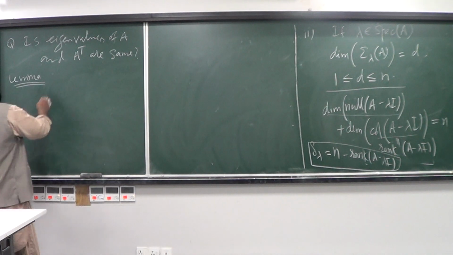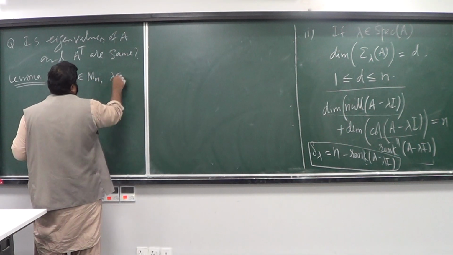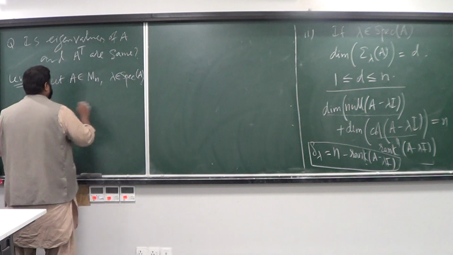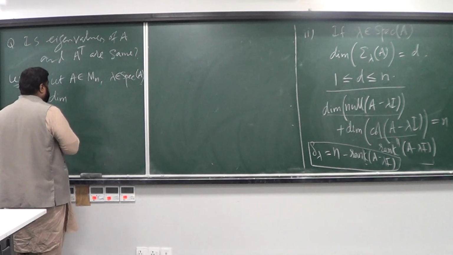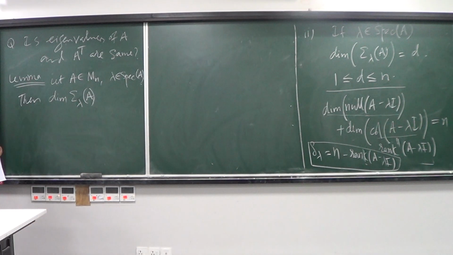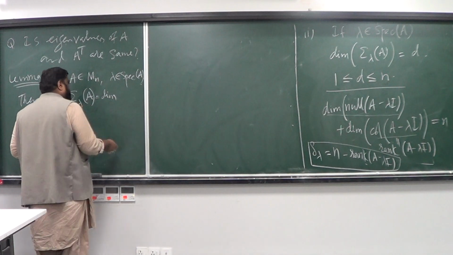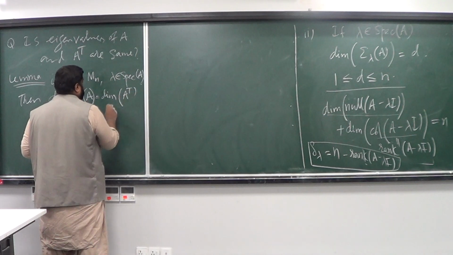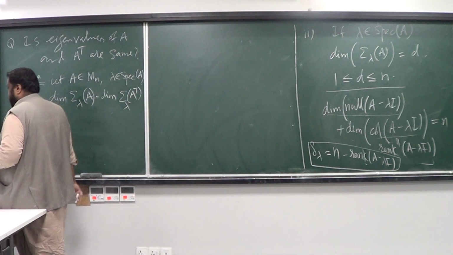Okay, so here is the interesting lemma. It says if you have an n by n square matrix A and lambda is from the spectrum of the matrix A, then the dimension of the eigenspace of the matrix A associated with the eigenvalue lambda is the same as the dimension of the eigenspace of A transpose associated with the eigenvalue lambda.